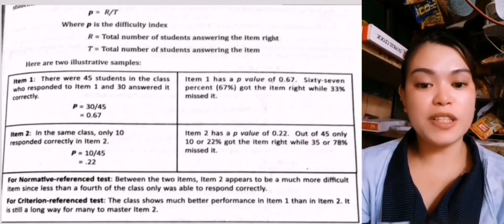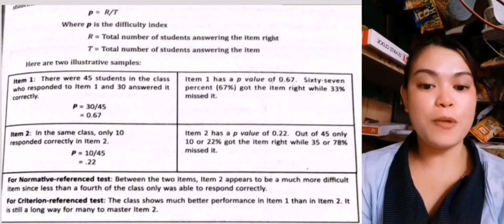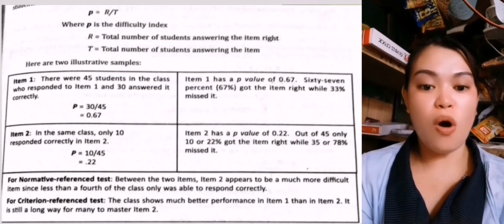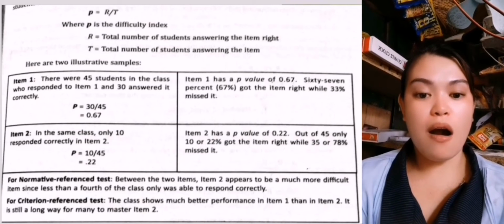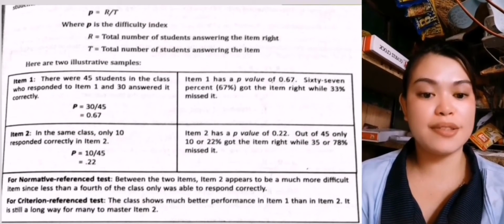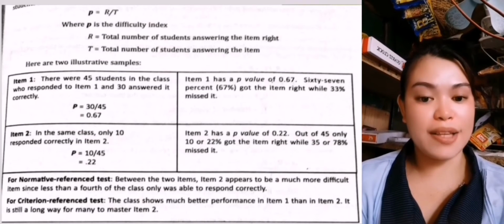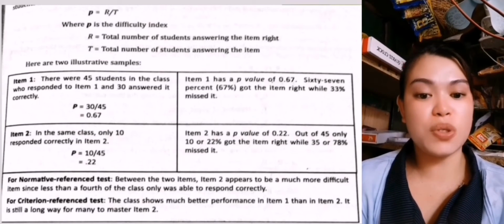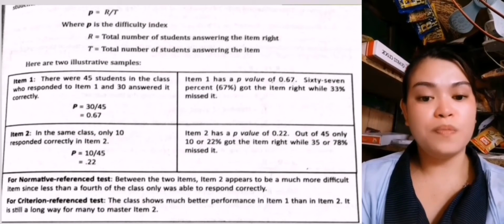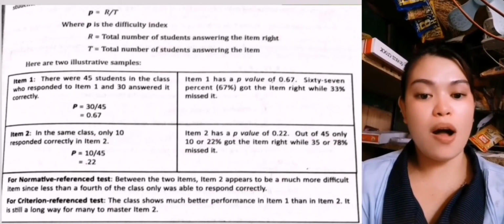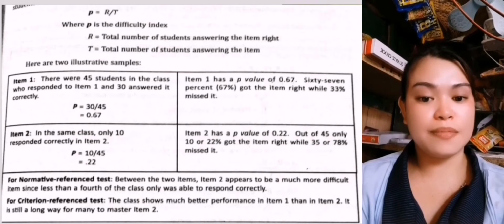In getting the difficulty index, we have the formula P equals R over T, where P is the difficulty index, R is the total number of students answering the item right, while T is the total number of students answering the item. So it will become P equals R divided by T.